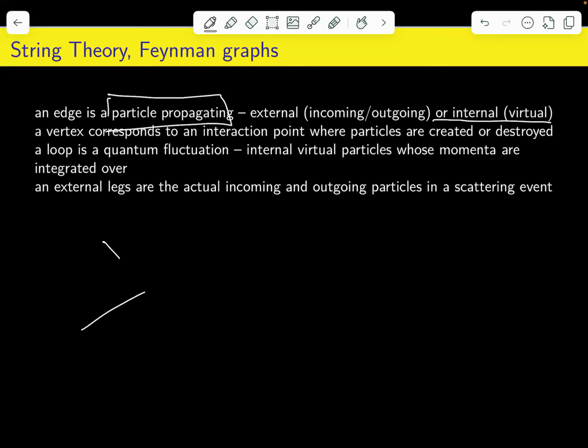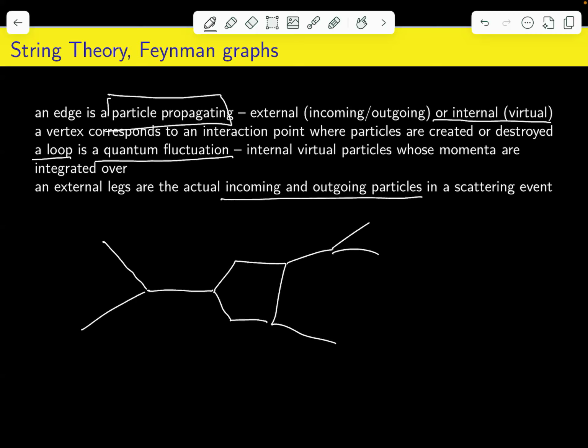For example, two particles collide and merge, and then you have just one particle. Then there is a thing called a loop, which is called a quantum fluctuation. When you speak about quantum string theory and quantum interactions, you have loops. Why it's called a quantum fluctuation, I have no idea, but that's what people say. You have internal edges and external edges, and the external edges are actual incoming and outgoing particles.